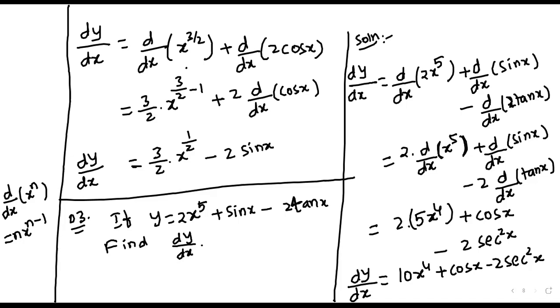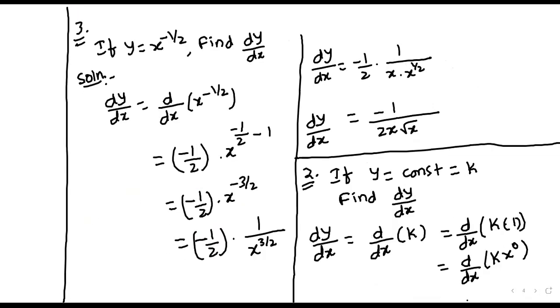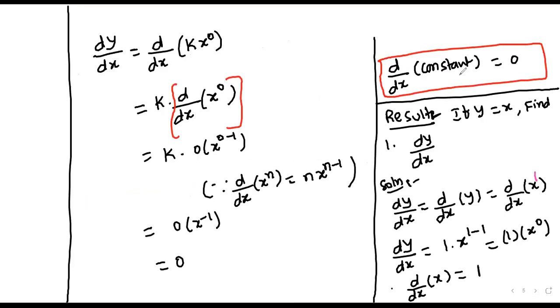Till here, do one thing. Small thing you do: remember this formula, which I kept in the box. And in the second one, d by dx of constant, I kept in the box now.